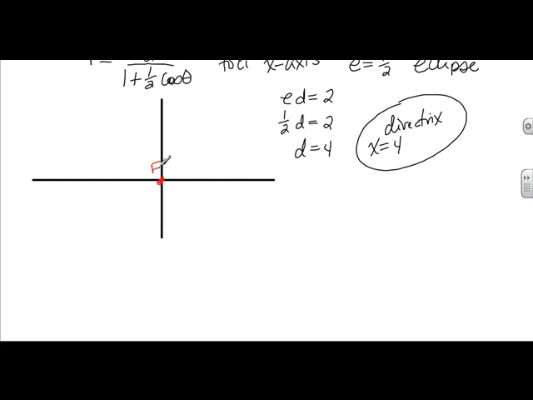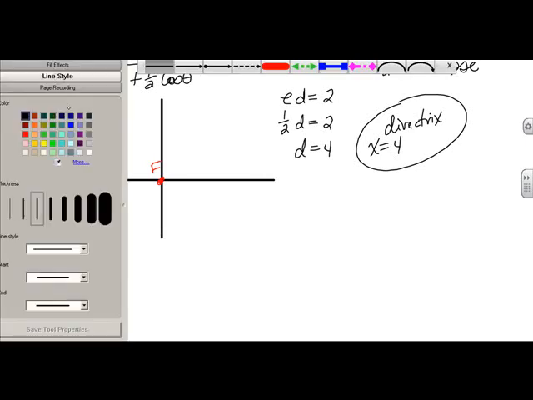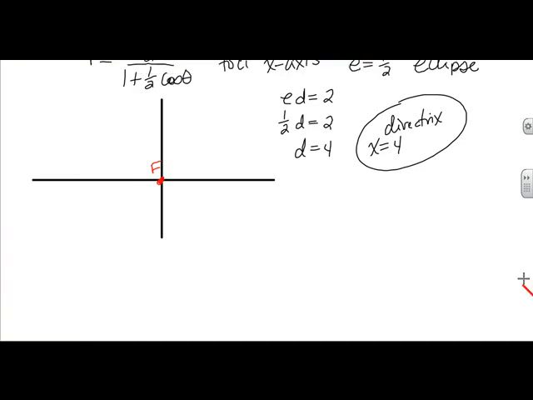At x equals 4, which would be maybe right there, we'll label that. Is one of our directrix lines.